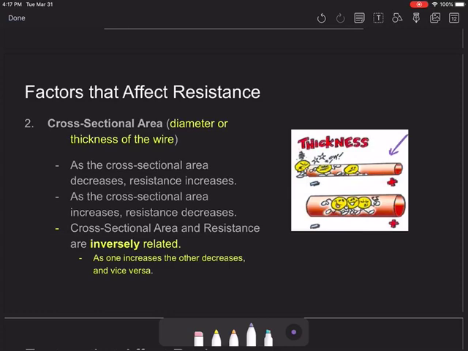If that path is really, really narrow, the hallway is only like one person wide, and even if there's only one person in your way, well, there's going to be an increase in resistance. So if we have a thin wire, it's going to give us more resistance. And if we have a thicker wire, that's going to give us less resistance.